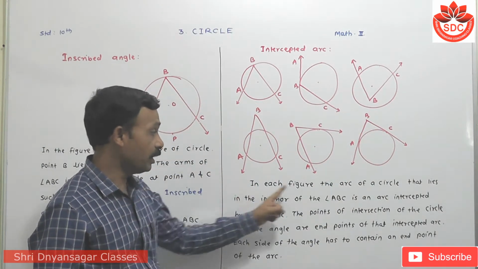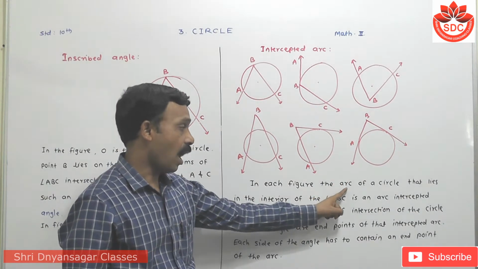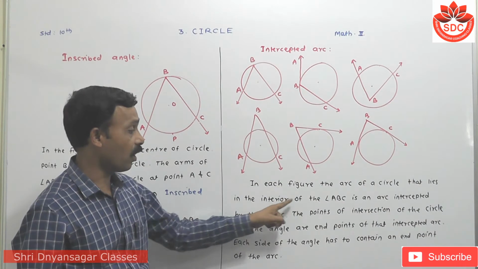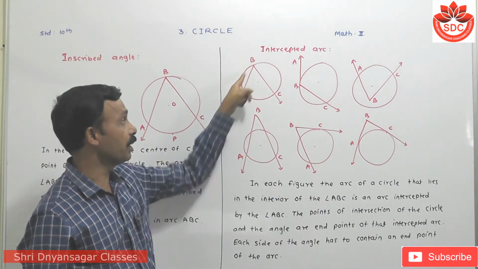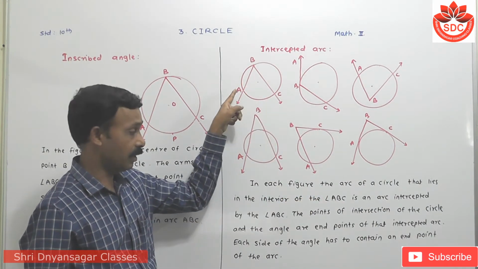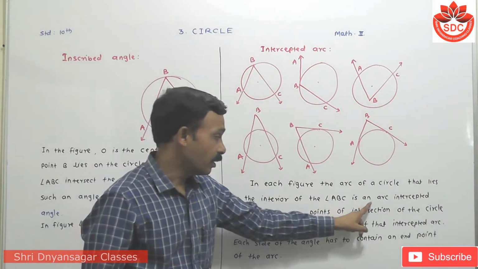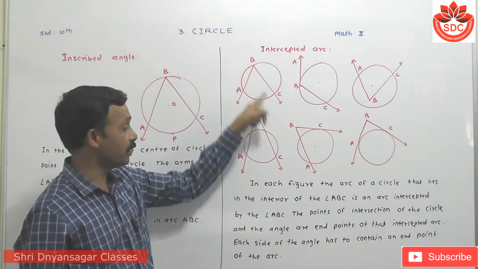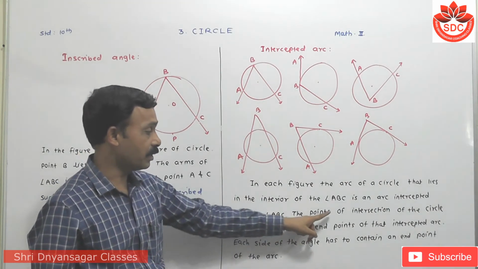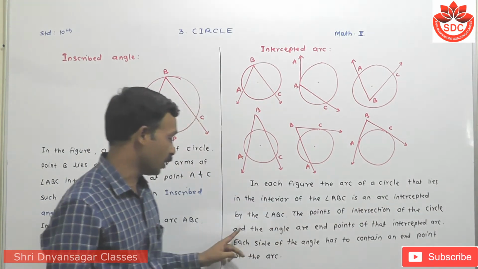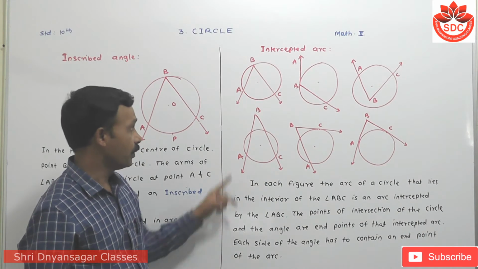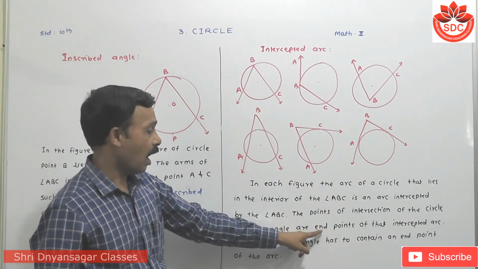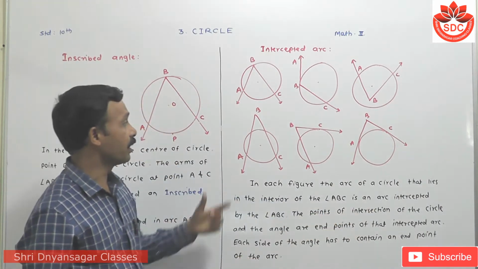So in each figure, the arc of the circle that lies in the interior of angle ABC is an arc intersected by the angle ABC. The points of intersection of the circle and the angle are the end points of that intersected arc.